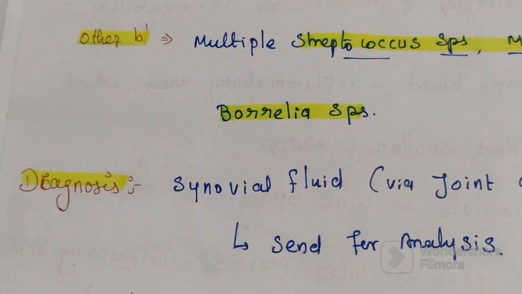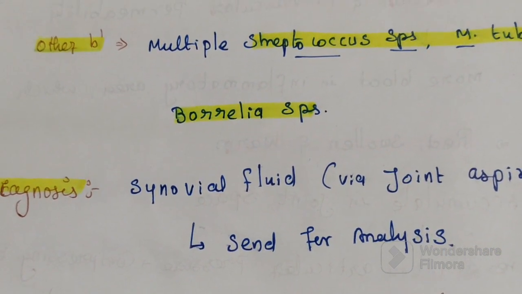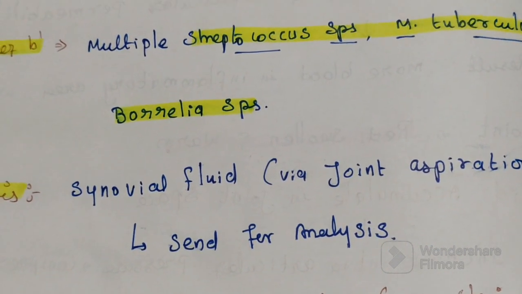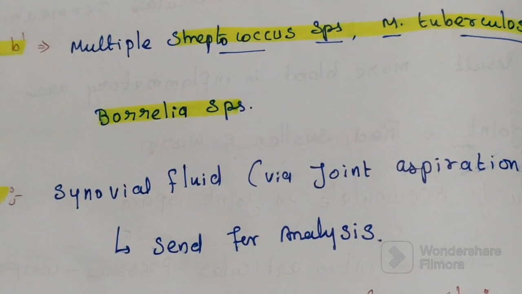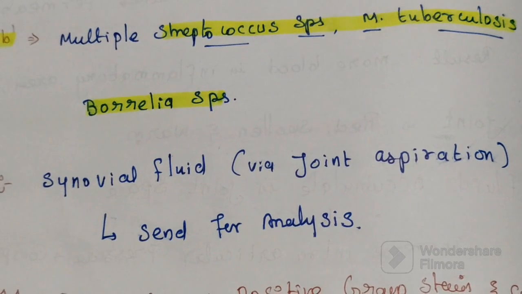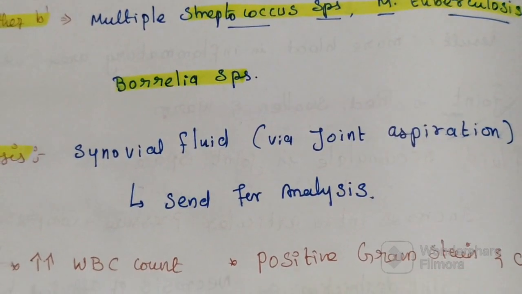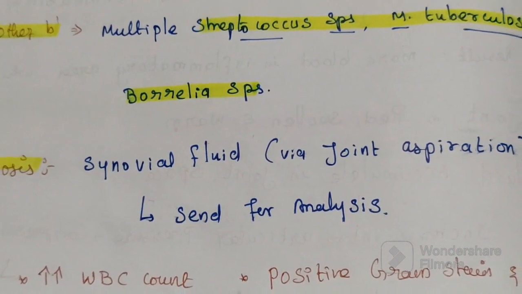Then the diagnosis of septic arthritis starts with obtaining synovial fluid from the joint, which is done by joint aspiration, where a needle is placed into the joint and fluid is aspirated or drawn out.